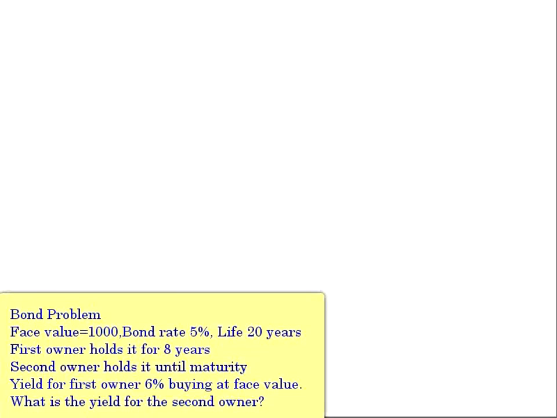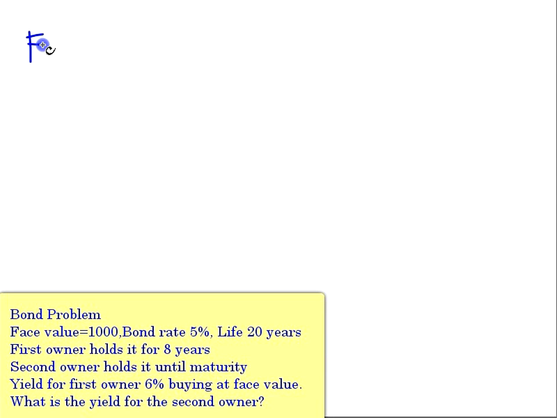Hello, in this video we're going to keep talking about bonds, and we're going to solve a problem that could explain the complete life of a bond. So let's consider a bond that has a face value of $1,000.